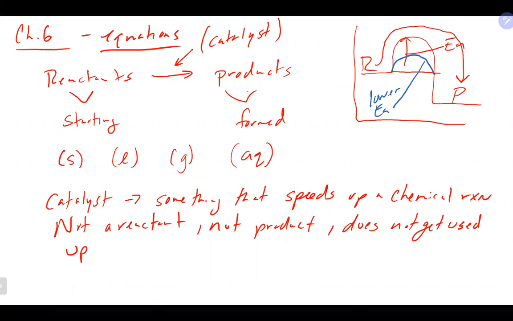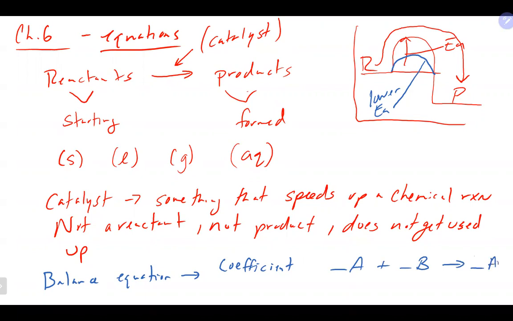Most importantly, what we talked about in this chapter was the idea that we should balance equations. And hopefully at this point, we know how to balance equations. But remember a couple of things. It's always the coefficient that is the only thing we change. So it's only the number in front that we change. We never change anything else.